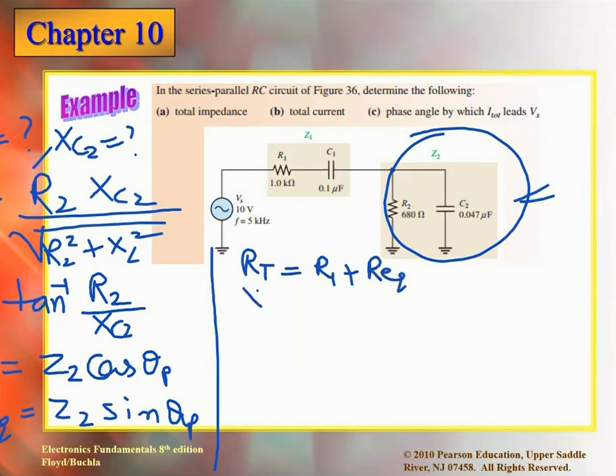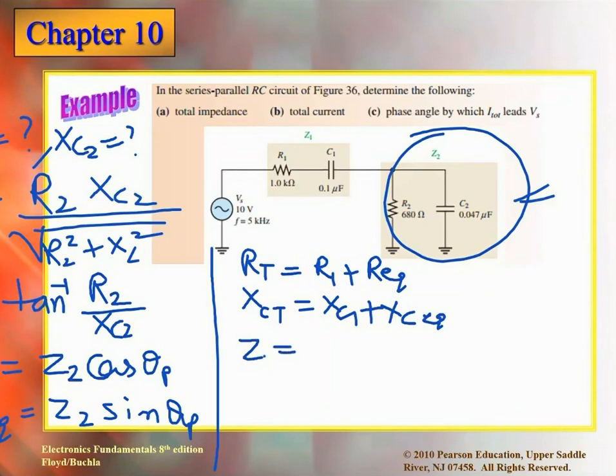Similarly, XCT, the total reactance, is XC1 plus XC equivalent. Finally, Z total, or whatever we call it, because Z1 is already written.